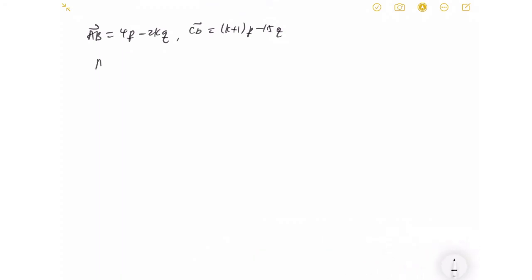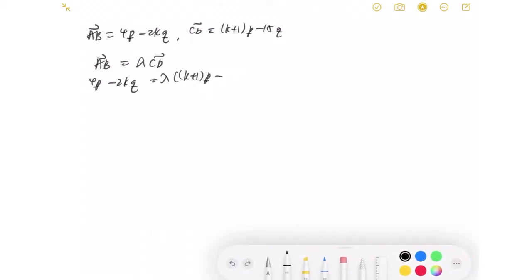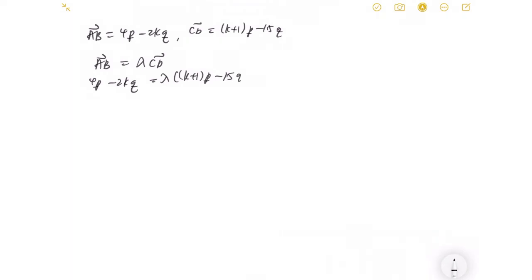Okay, so number one, we know when they're parallel, AB is a multiple of CD. So you take 4p minus 2kq equals lambda times k plus 1 p minus 15q. Okay, so when you multiply inside, lambda k plus 1 p minus 15 lambda q. By comparing vector P, I get 4 equals lambda k plus 1, first equation.